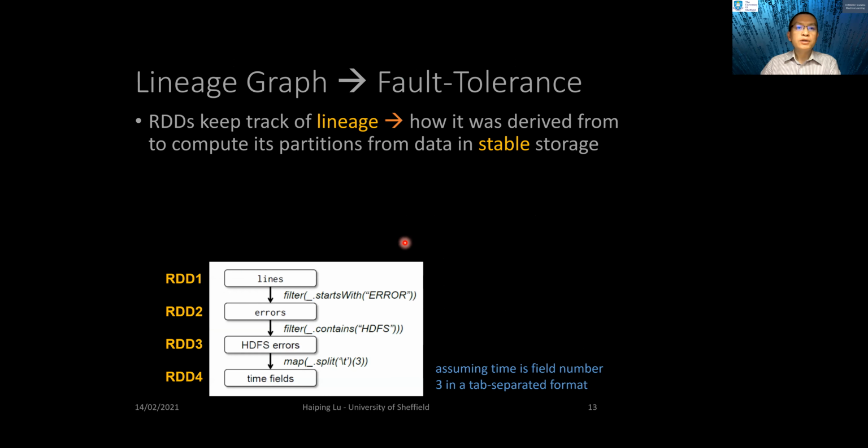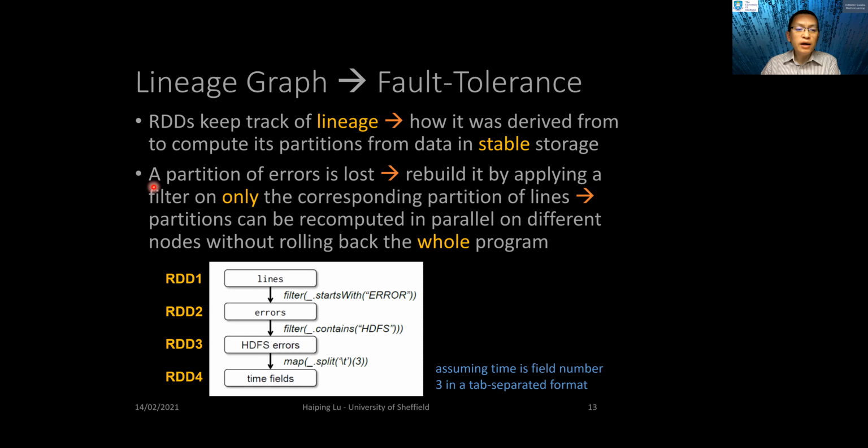That is, this lineage tells the program how every RDD is derived from stable storage, so that it will always be able to compute its partitions.